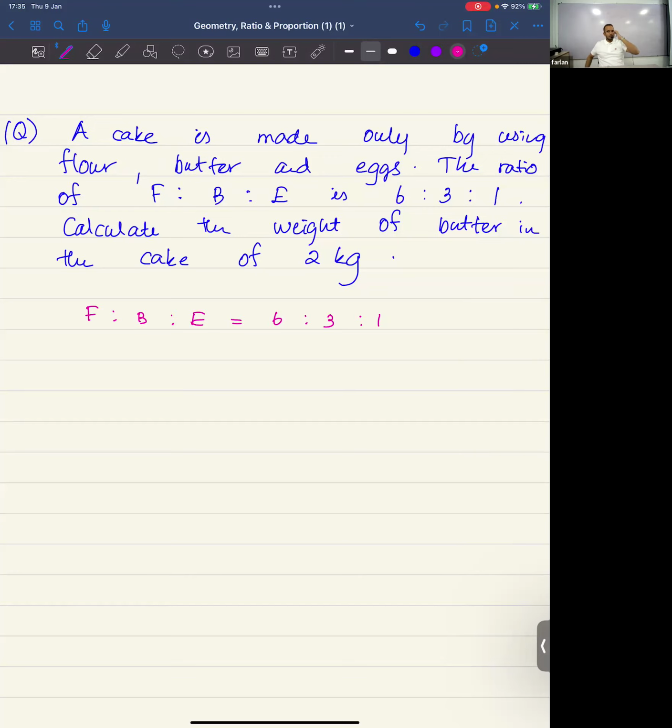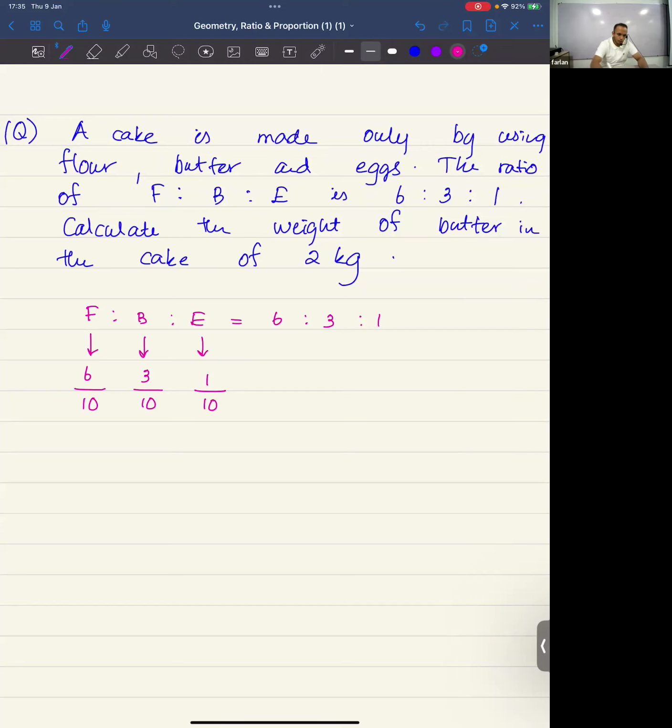Right. The ratio F:B:E is 6:3:1. Listen. So guys, if you take 6 plus 3 plus 1 in total, that is 10 portions. From the 10 portions, the proportion of flour is 6 out of 10. Butter is 3 out of 10. Egg is 1 out of 10. Correct?